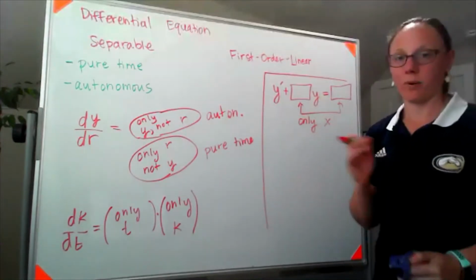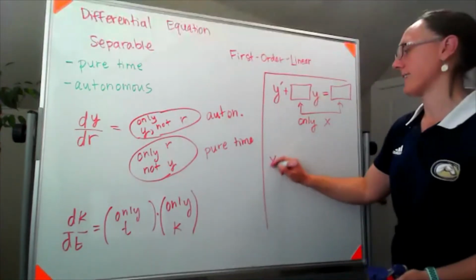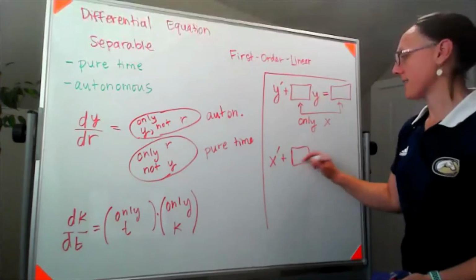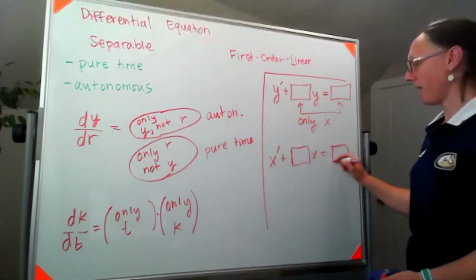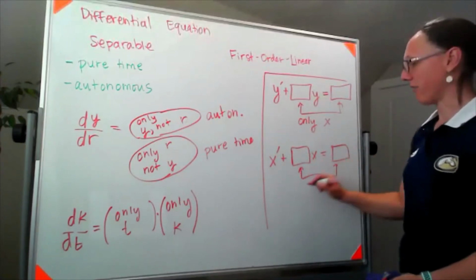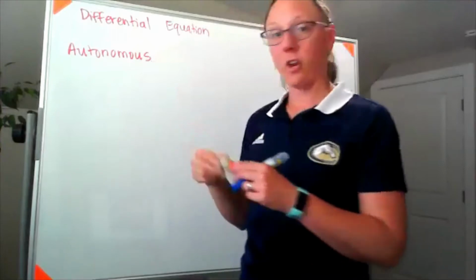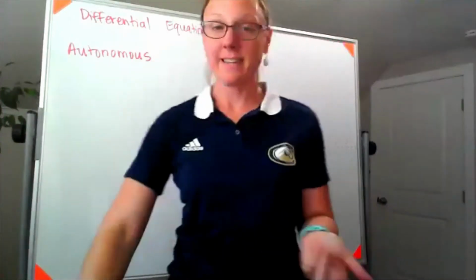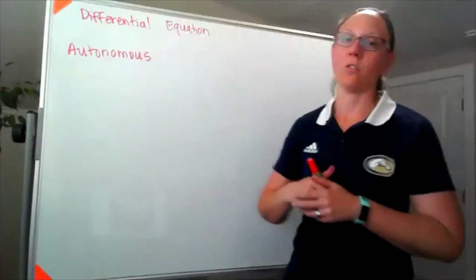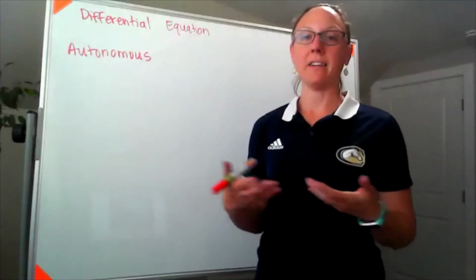Again, we can swap around the variables here, and I could make this x prime plus something times x equals something, and maybe these have only t.